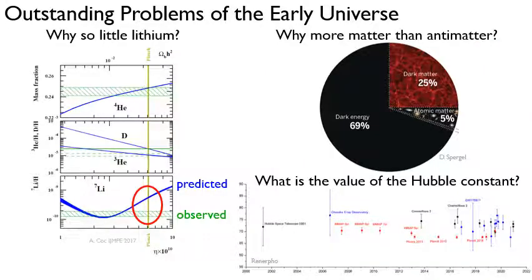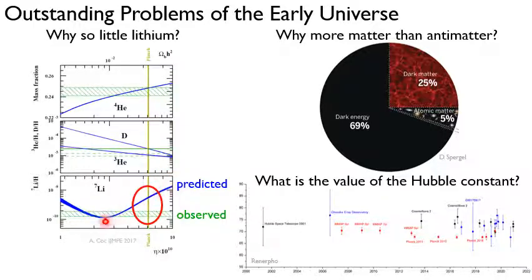Now, I don't want to pretend that it's all solved, so the early universe actually leaves a good number of mysteries for us. One that's kind of interesting is called the cosmic lithium problem. So why is there so little lithium that we observe? We can predict the amount of lithium that we should have. The blue line on these plots tells you the abundance of a given isotope. You don't need to know the details, just the qualitative picture here.